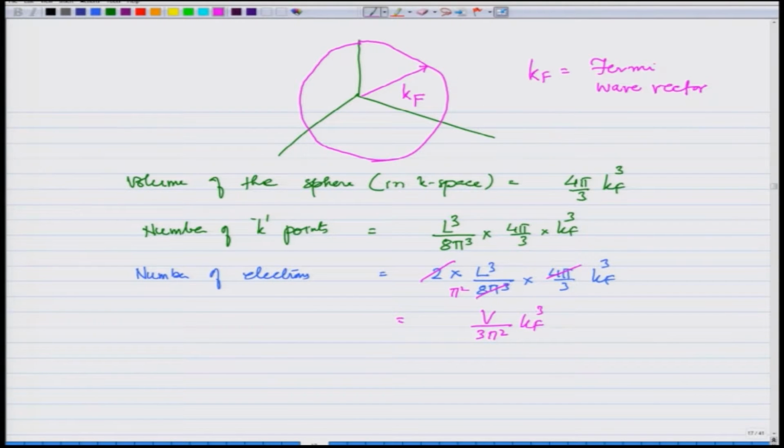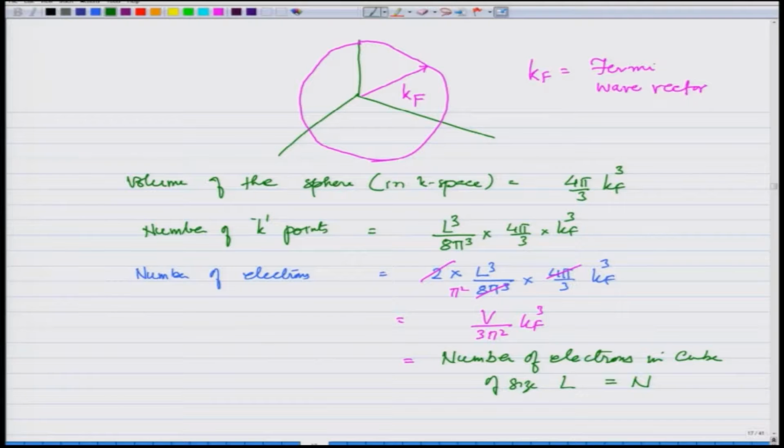And since I have box normalized over L, this is equal to the number of electrons in a cube of size L, which is n.